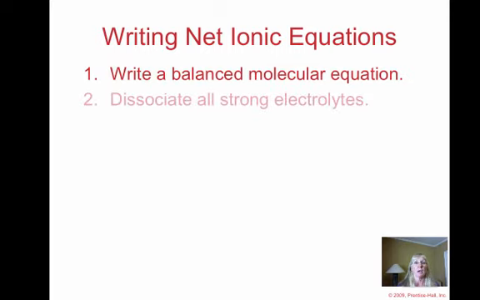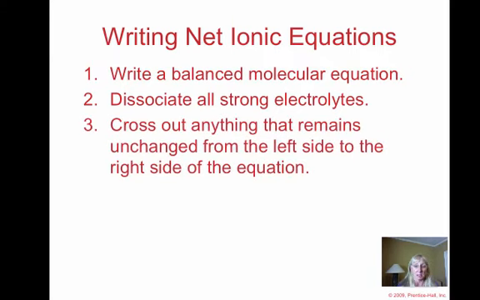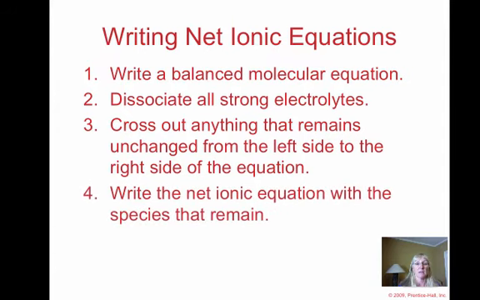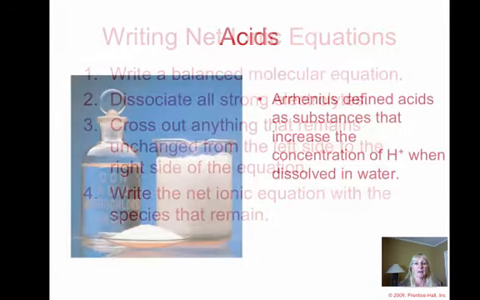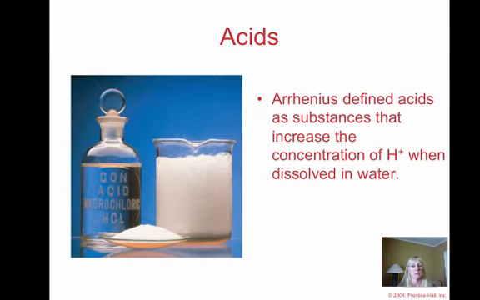When you write a net ionic equation, our process, as we learned in that ion lab last year, was to write the regular general molecular equation, show everything that is a strong electrolyte as being split apart, cross off these spectator ions, and write what's left. And that is our net ionic equation. I went through that kind of quickly because we spent quite a bit of time focusing on that, so that should definitely be reviewed.